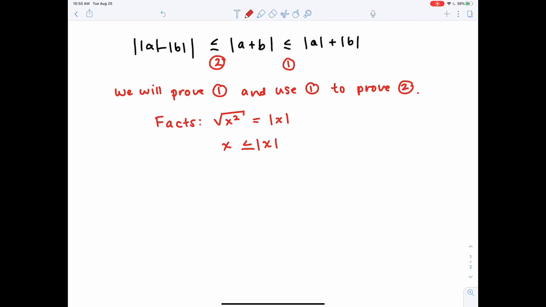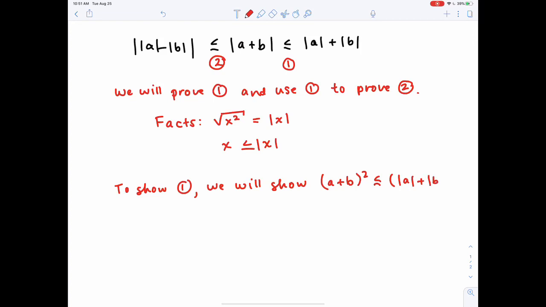In order to prove inequality 1, we're actually going to prove a different equivalent statement. To show 1, we will show instead that (a + b) quantity squared is less than or equal to taking the absolute value of a plus the absolute value of b and squaring that expression instead.